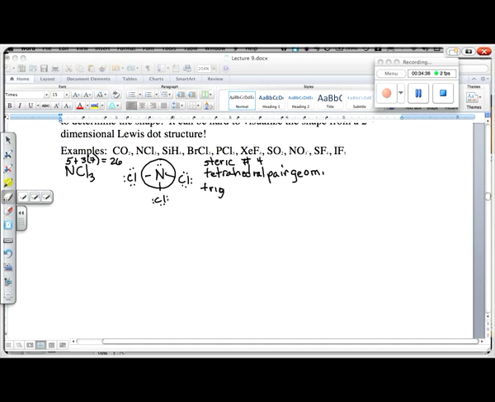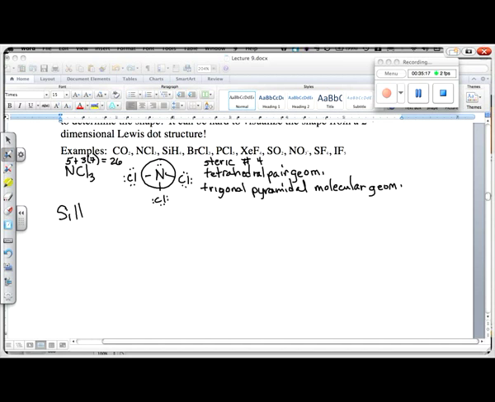So essentially, if you have a lone pair, your electron pair geometry and your molecular geometry will not be the same. It's in the tetrahedral electron pair geometry group, but the molecular shape is trigonal pyramidal.